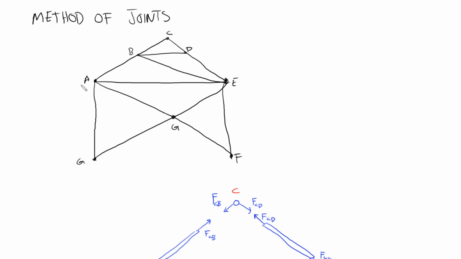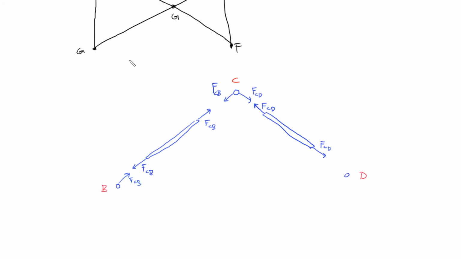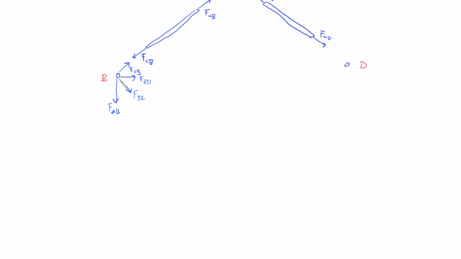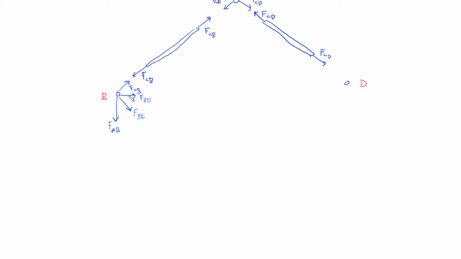And then there's another force by this two-force member. So we could draw that. There's a force going in that direction, there's a force going in that direction, and there's a force going downward. So that's how this joint would look if you explode it from the other components of the truss. So there's just reaction forces acting upon this joint.